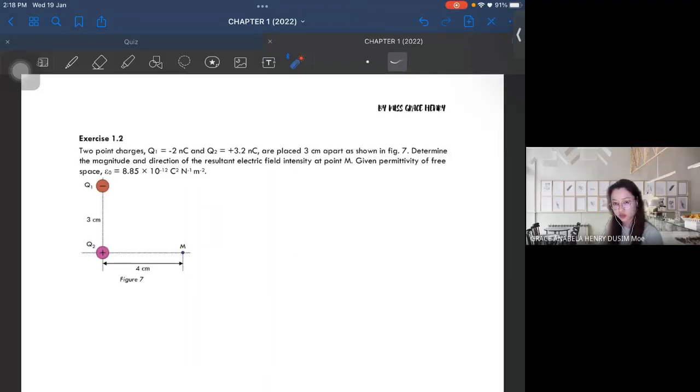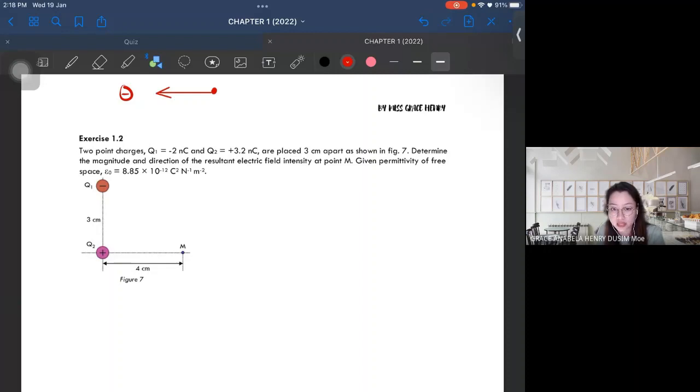Okay, this one, exercise 1.2. Okay, so this one is on electric field, okay? So the first thing you need to know for electric field, for a negative charge, when there's a point here, if you want to draw the electric field for a negative charge, it will go into the charge.